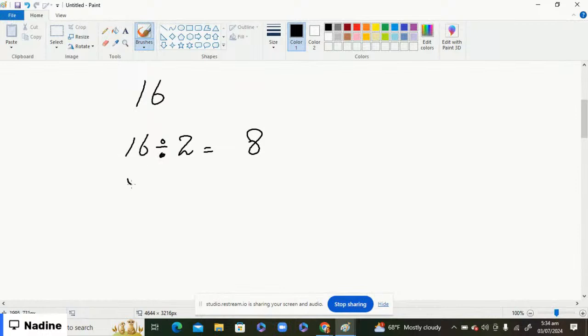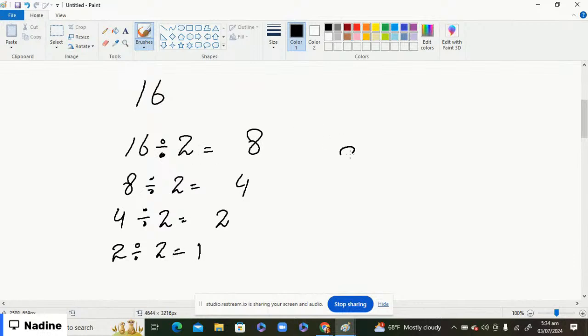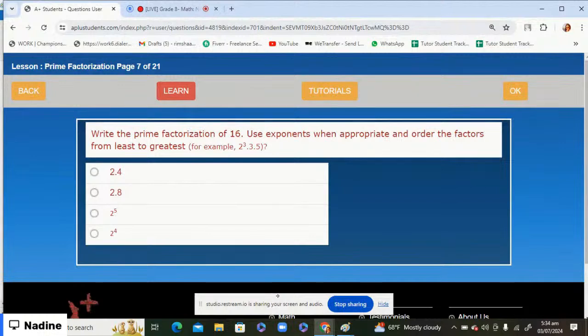Now 8 divided by 2 again is 4. 4 divided by 2 again is 2. 2 divided by 2 is 1. How many 2s are here? 1, 2, 3, and 4. Now put it in exponent form. So put 4 on the top. Let's check. Yes, 2 power 4.